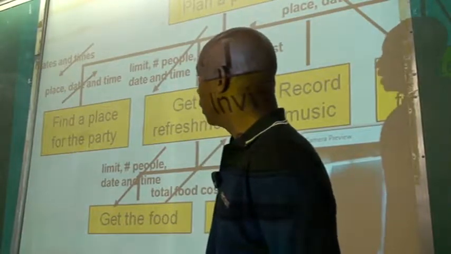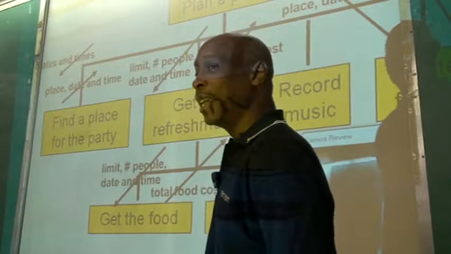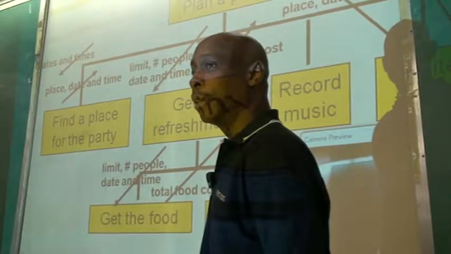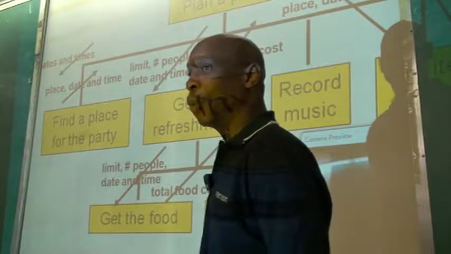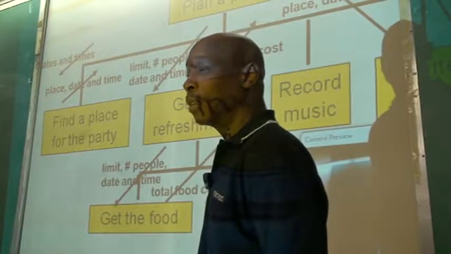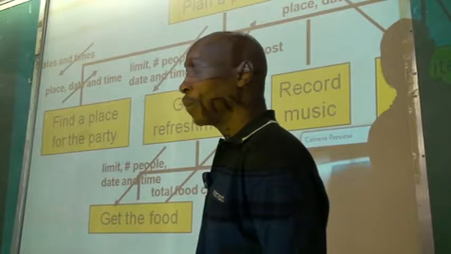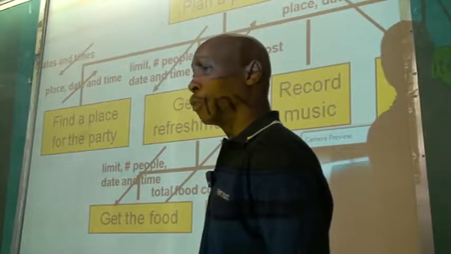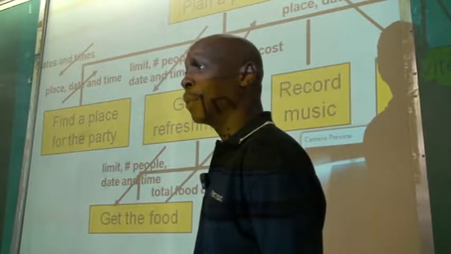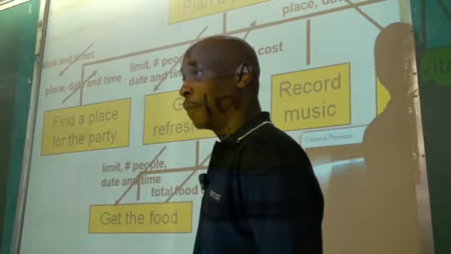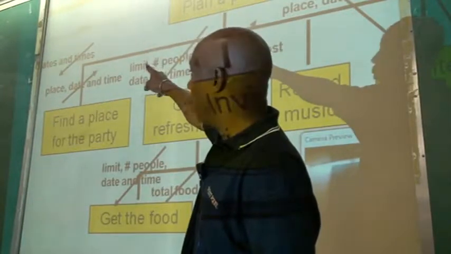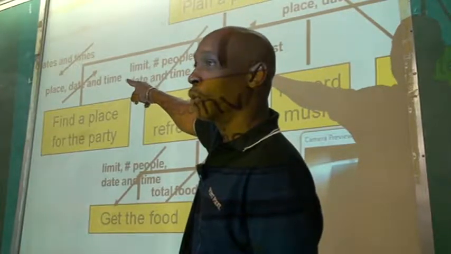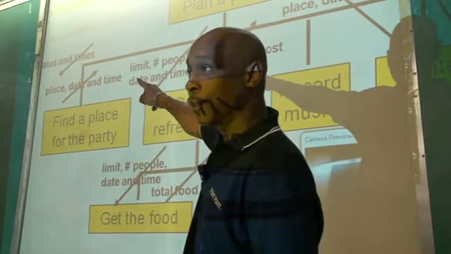What does finding a place for the party need as initial data to get started? Dates and times. And once it's complete, what does it produce? A particular place and date and a particular time for the party. Okay? So these parameters that are part of the incoming arrows are called input parameters.